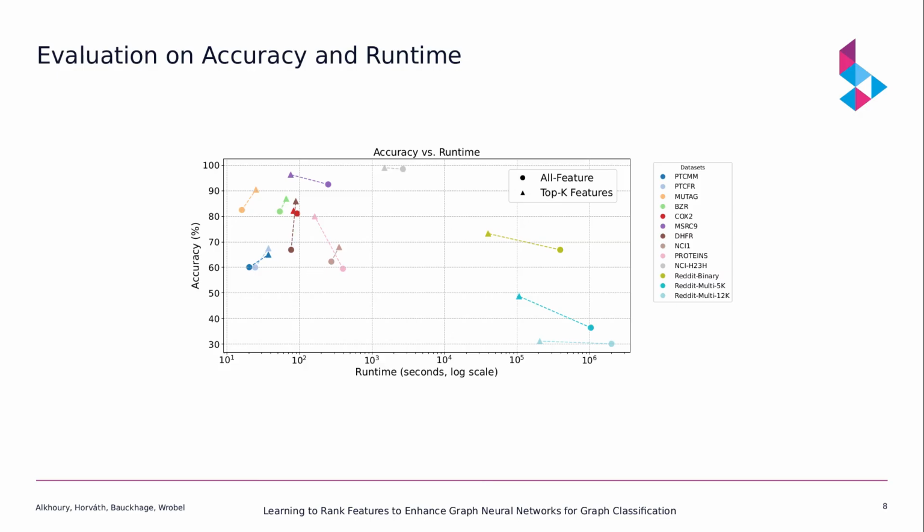While on smaller benchmarks, as we see here to the left, the feature ranking phase adds a minor computational overhead. However, this cost is negligible compared to the consistent improvements in the classification accuracy achieved by the method.